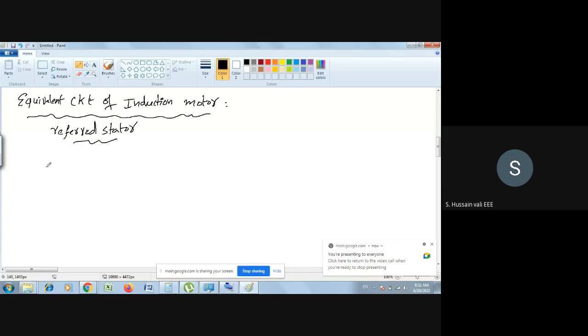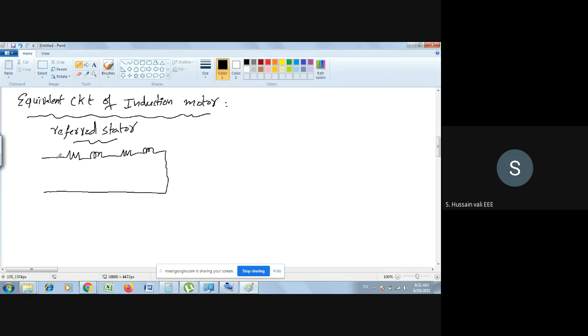So you have the Xm also there. This is the stator voltage.